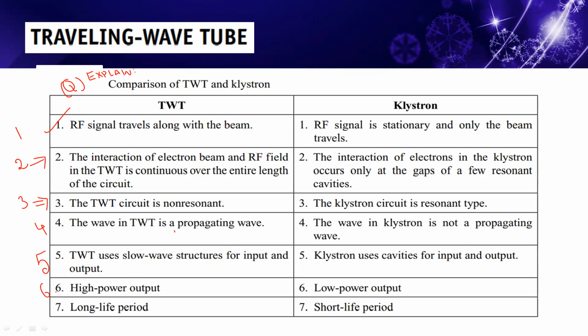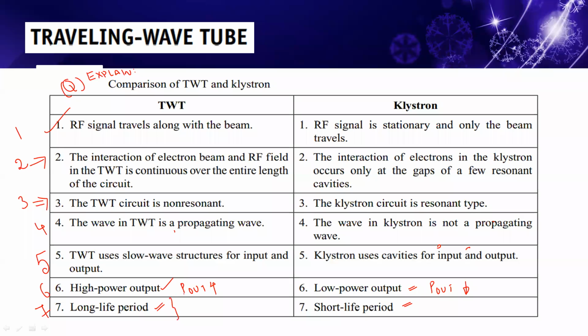Point number 6: the klystron gives only low power output, whereas the traveling wave tube's output power is a little bit higher. Point number 7: the klystron has a small life period, or running time, whereas the traveling wave tube has a long life period for microwave device construction and prototype designing.